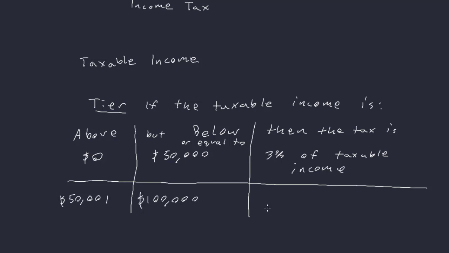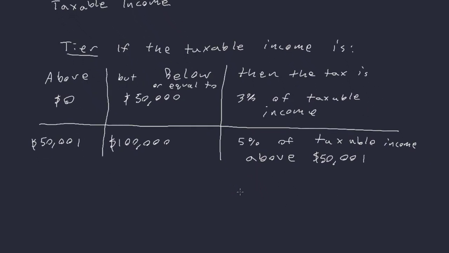Okay, and here's the key to this tiered system. If your taxable income is above 50,001 but below or equal to 100,000, you would pay the next one up. So let's say it's 5% of taxable income above $50,001.